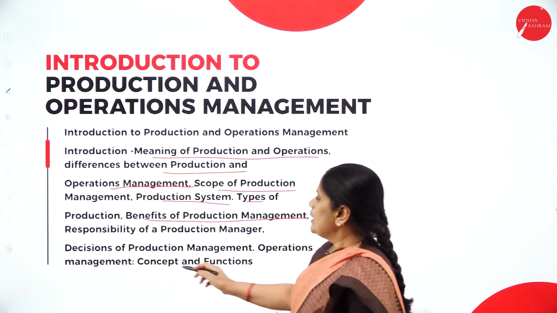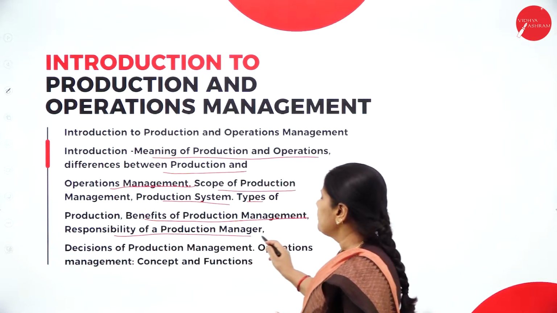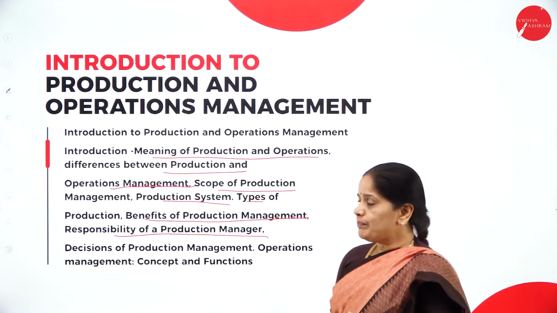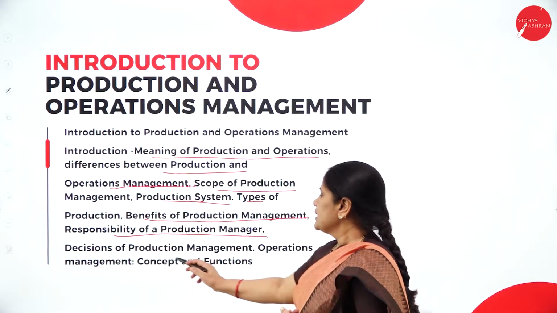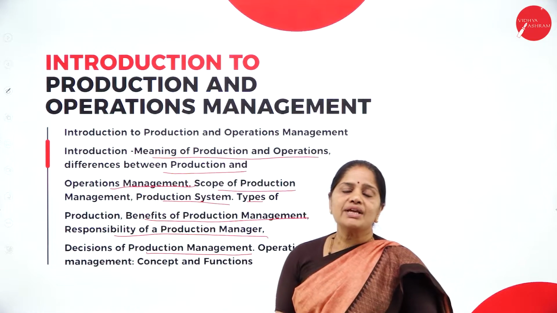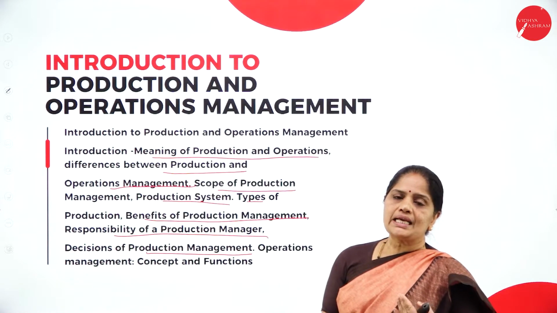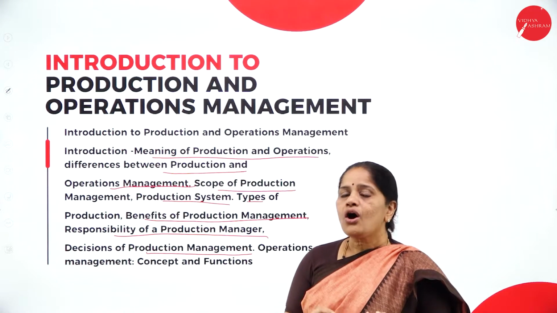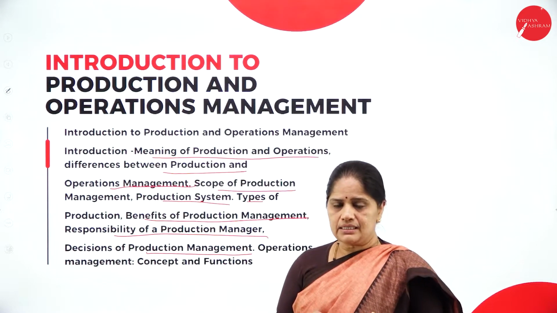And also, what are the responsibilities of the production manager? What are the duties and responsibilities of the production manager? Then the decisions of production management. What are the various types of decisions which will be taken by production management? Like there will be strategic decision, operating decision, tactical decision.